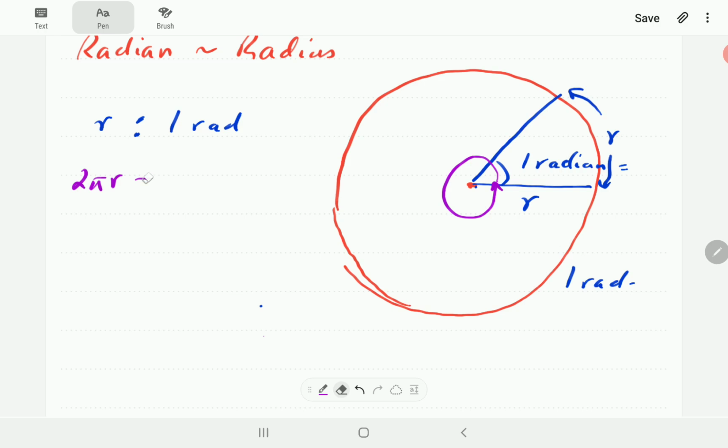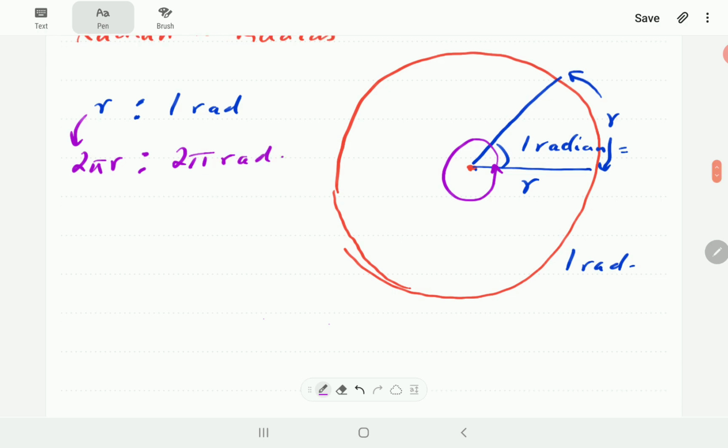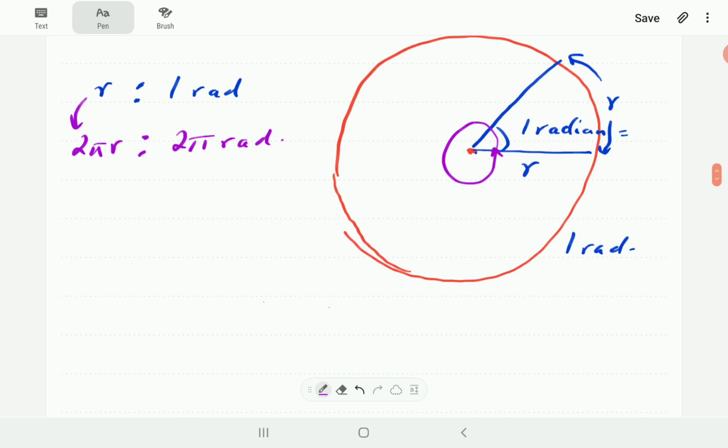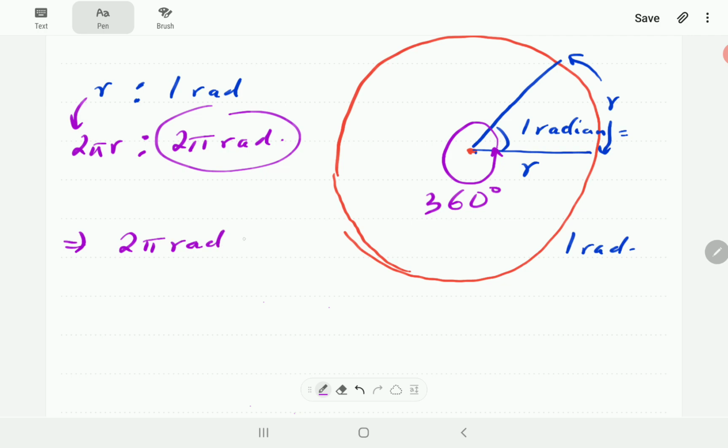Now in terms of direct proportion, from here to here we multiplied by 2 pi, so the other side must also be multiplied by 2 pi. That means the angle subtended by the whole circumference is 2 pi radians, but we know that angle in degrees is 360, so 2 pi radians is equal to 360 degrees.